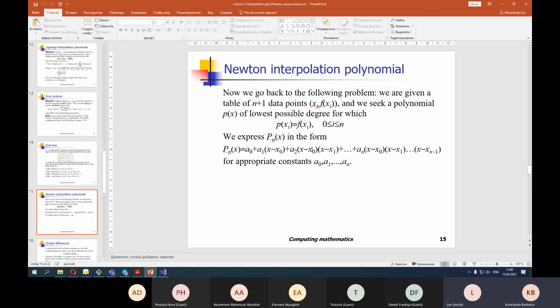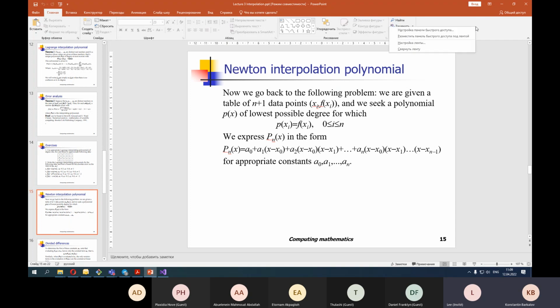Now, let's express the polynomial in the following form. I told you several times that we can write one polynomial in many forms. The polynomial will be the same, but the forms, the notations of this polynomial can be different. And now let's try to use this notation.